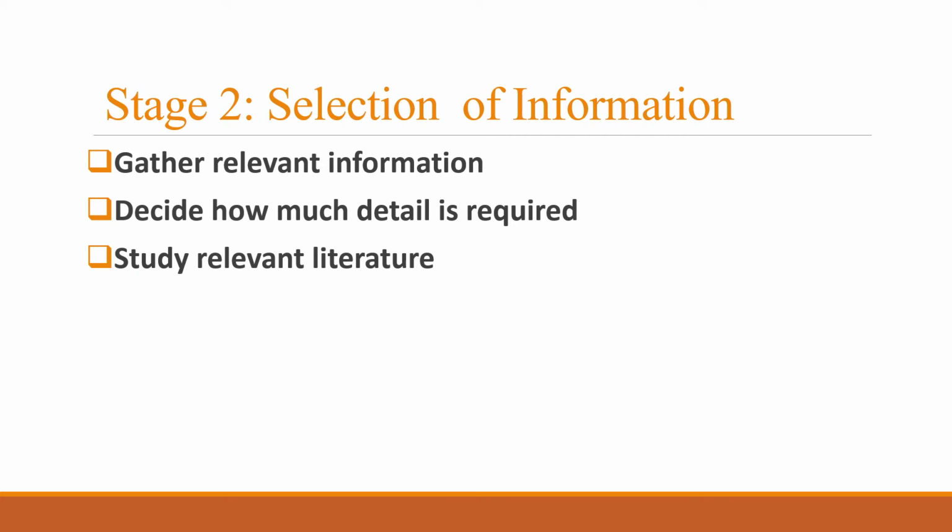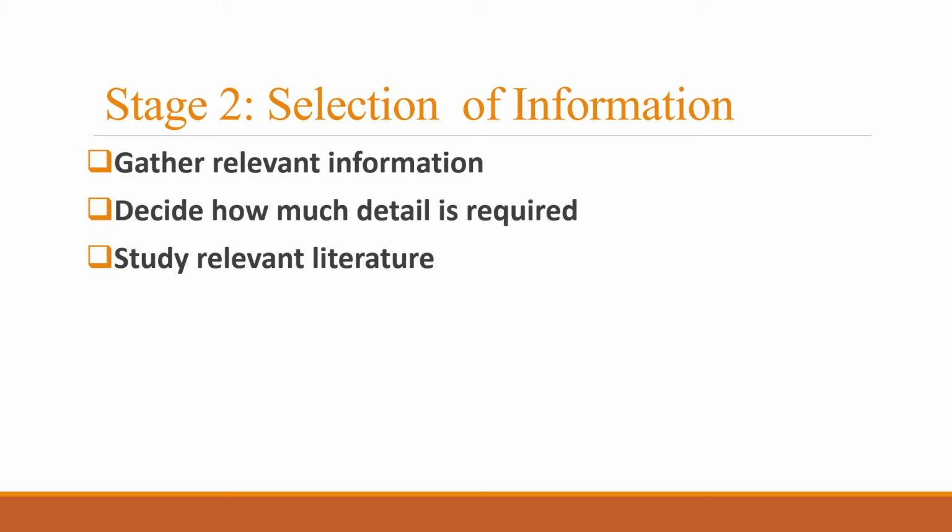If the information is relevant and to the point, hitting the nail on the head, then this would be very beneficial and helpful for the person for whom you are writing the report. If irrelevant information is there, then it would be quite difficult for the reader to determine what it is for.